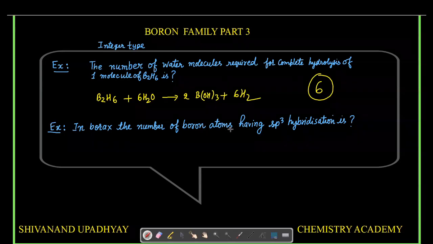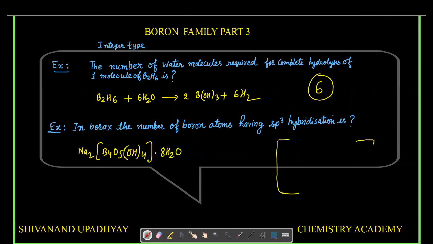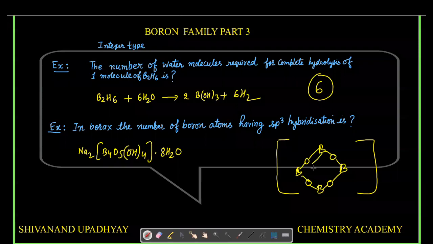In borax, the number of boron atoms having sp3 hybridization is, अगर आपको बोरेक्स का स्ट्रक्चर याद है, Na2B4O5(OH)4.8H2O, इसका जो एनायन है, इसका अगर मैं स्ट्रक्चर ड्रॉ करूं तो देयर आर 4 बोरोन एटम्स. ये चारों बोरोन एटम्स आपस में BOB बॉन्ड से अटैच होंगे और 2 बोरोन एटम जो है एक एक्स्ट्रा BOB बॉन्ड से अटैच होंगे. तो जो एक्स्ट्रा BOB बॉन्ड से अटैच होंगे उस पे एक नेगेटिव चार्ज होगा. दे आर टेट्राहेड्रल यूनिट, और जो टेट्राहेड्रल यूनिट्स हैं उनका हाइब्रिडाइजेशन हमें पता है, they are sp3 hybridized.